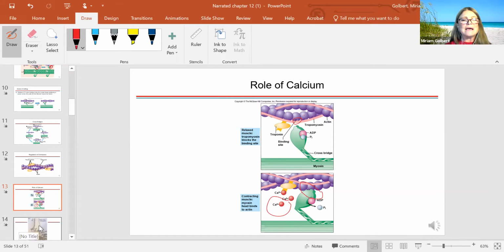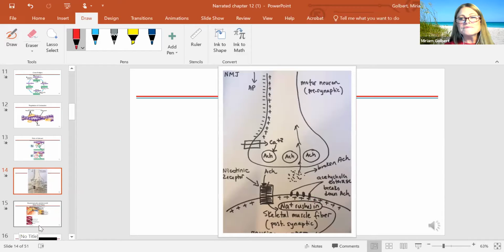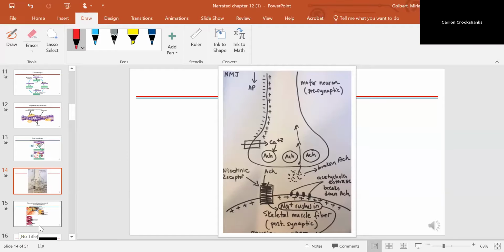Now, how do we make calcium appear in the sarcoplasm? You've seen this before. This comes from the nervous system. Skeletal muscle is what kind of muscle? Voluntary or involuntary? Voluntary. Voluntary, from our effectors.